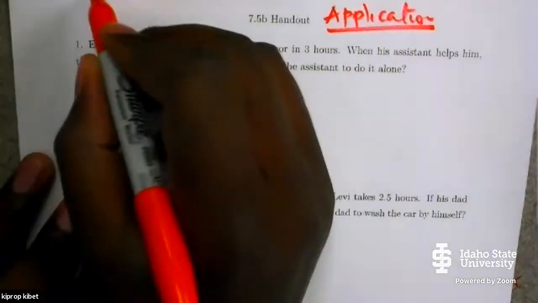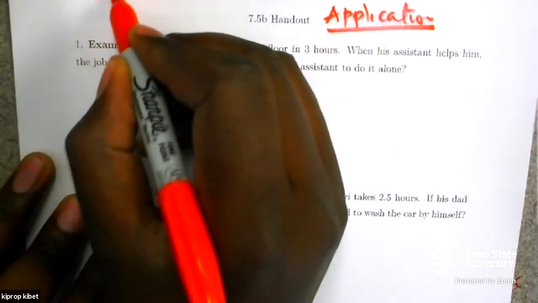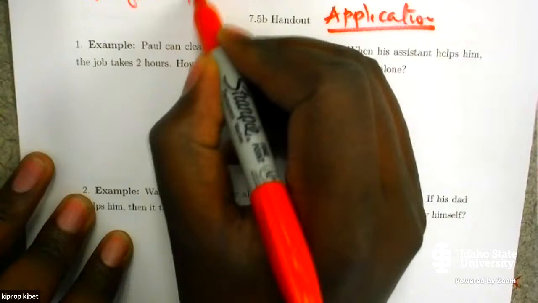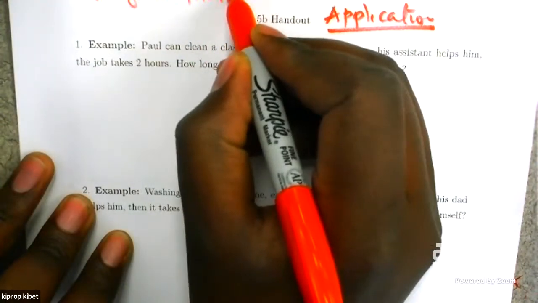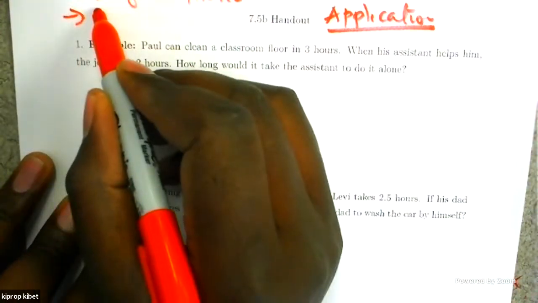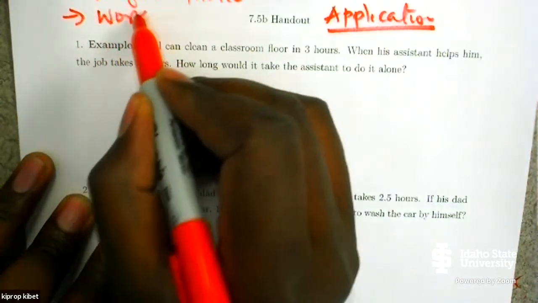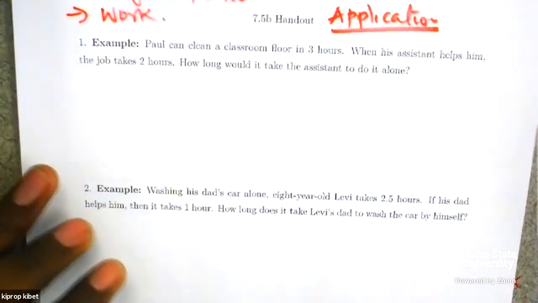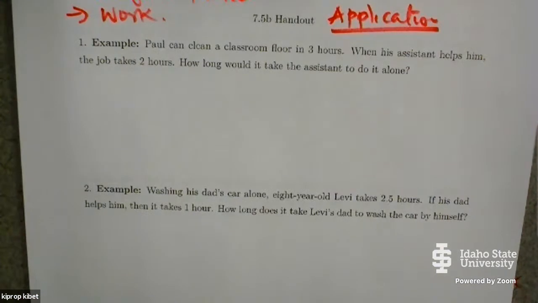Two of them: we're going to look at uniform motion, and the other one is work. So uniform motion. There is another section on directly and inversely proportional, which we are not going to do.